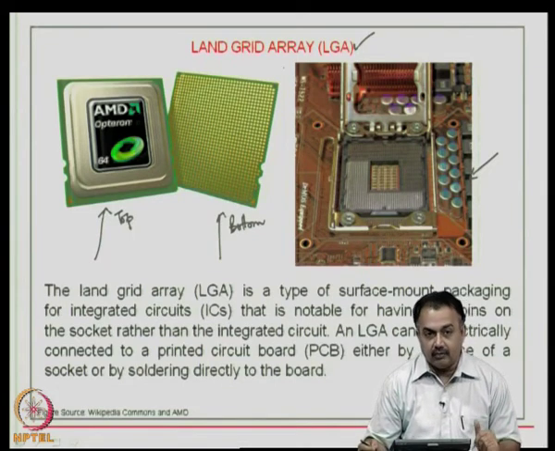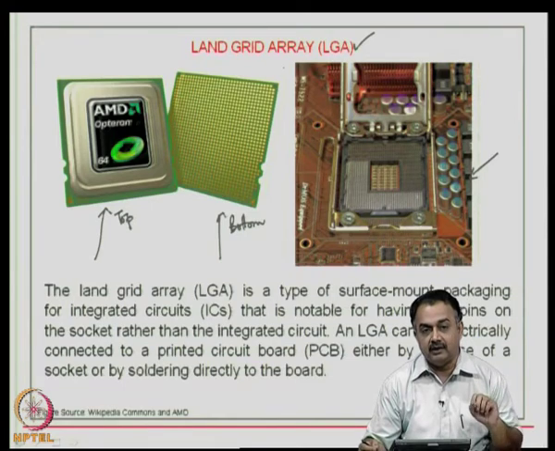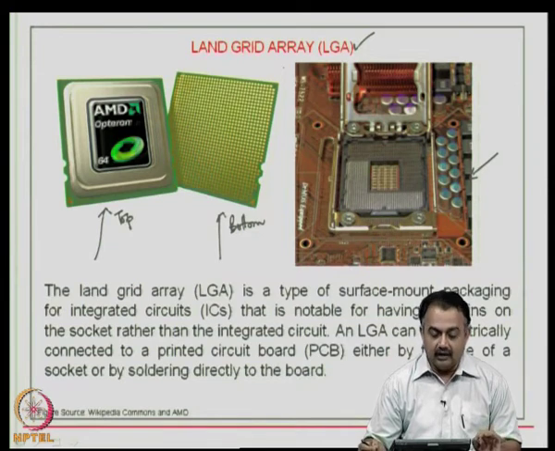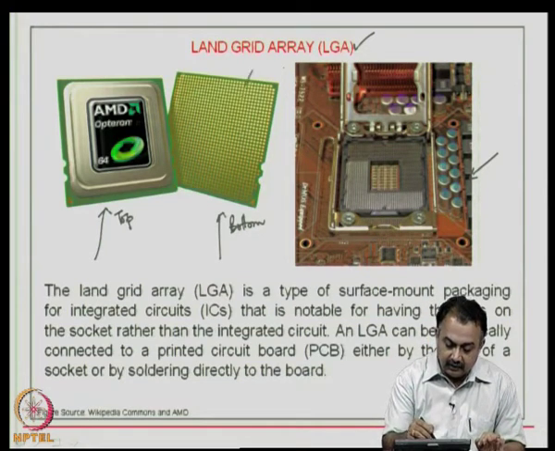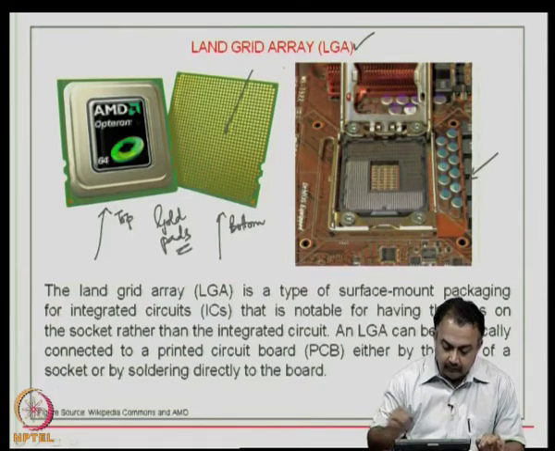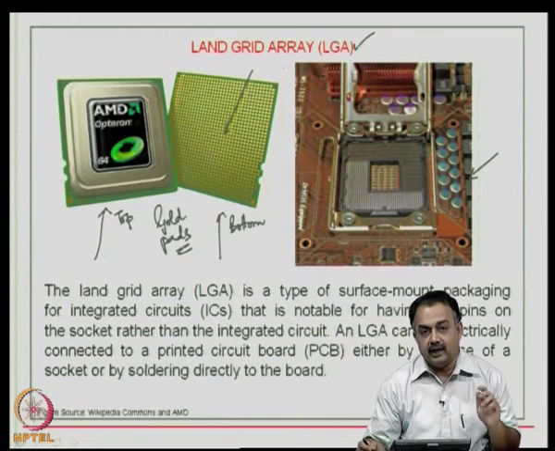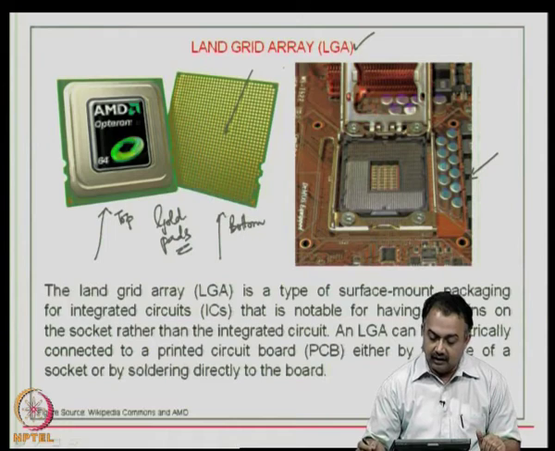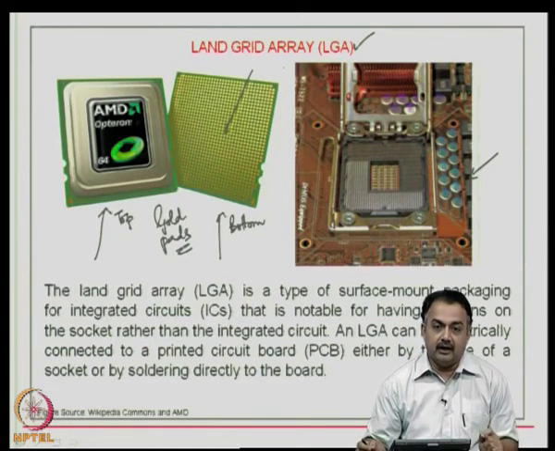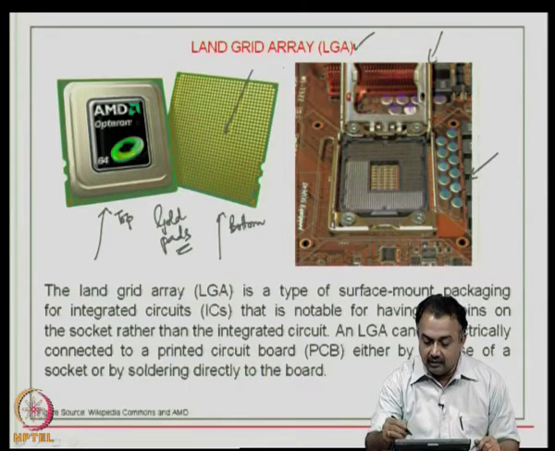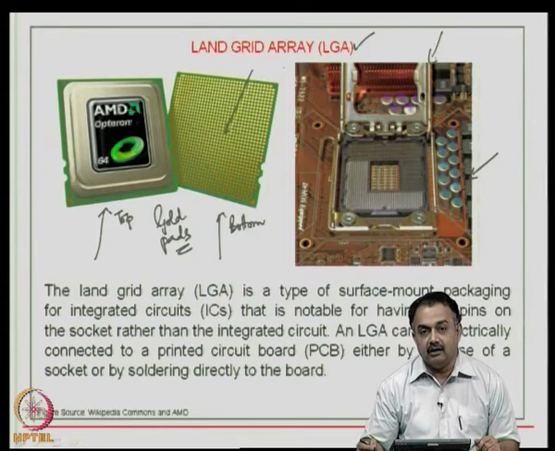So, compared to other pin grid array, for example, where you have the pins on the device, here you have the pins on the sockets, and this particular arrangement here that you see are basically gold pads, okay, gold flat lands. Now, this will register correctly into the socket, and like a clip it will get attached to the pins on the socket, and then you can use this lock assembly, mechanical assembly.